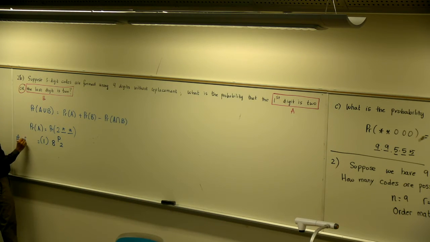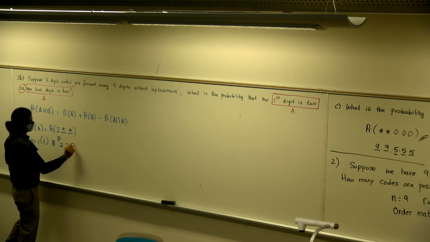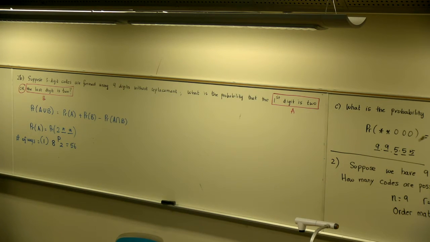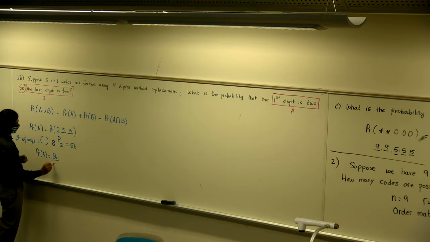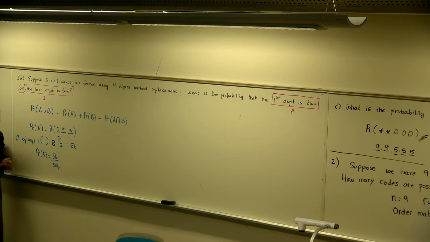That should be the number of ways, and that would give me 56. So the probability of A is 56 divided by 504.